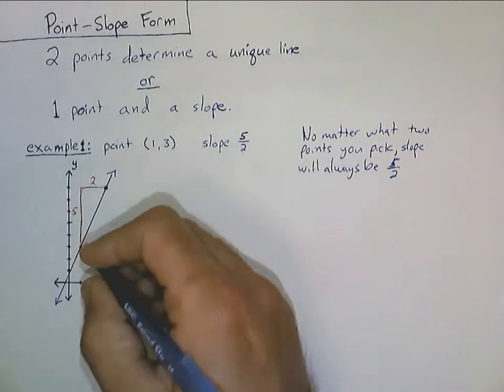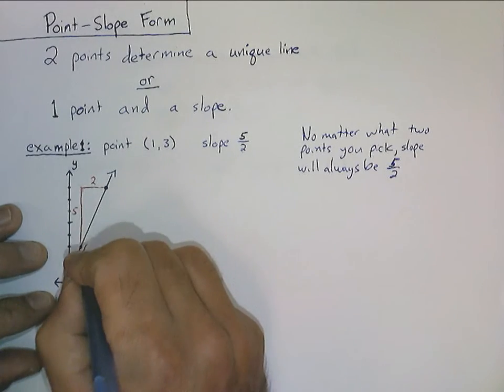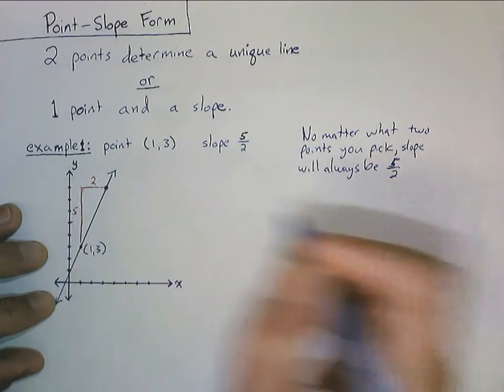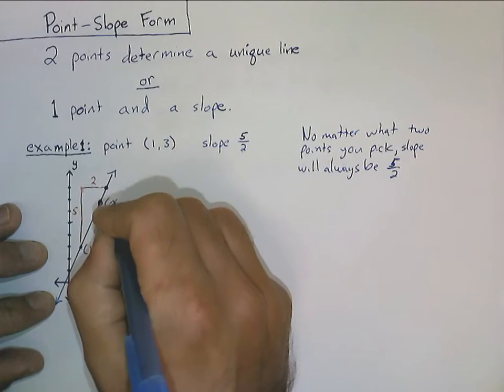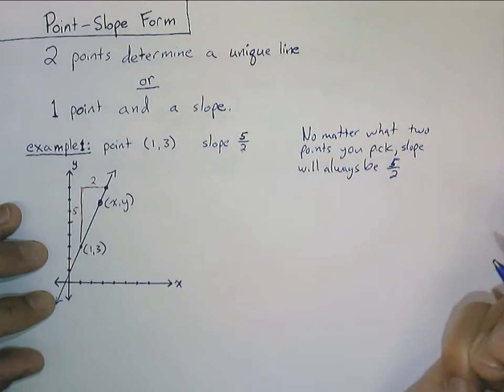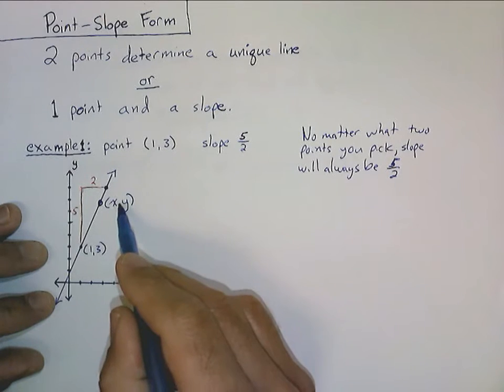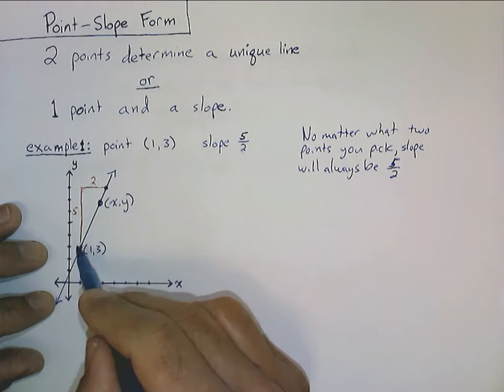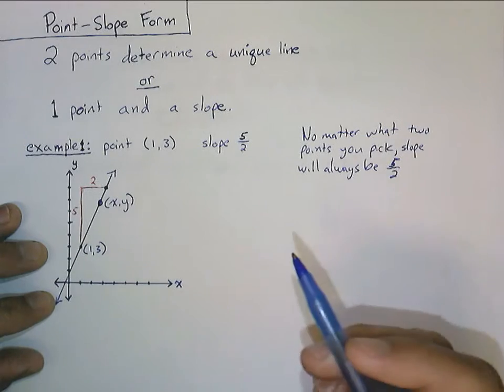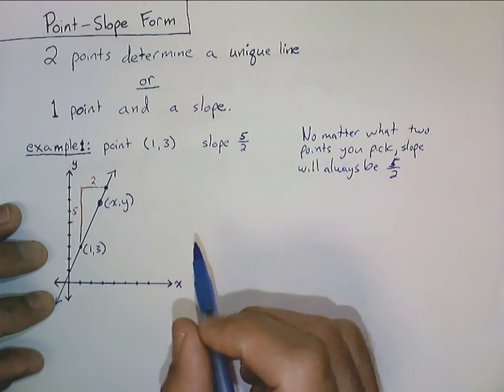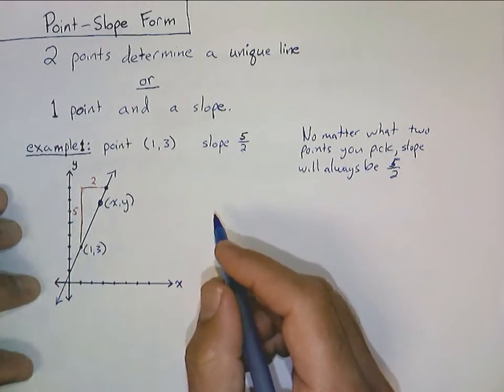So, here's the point (1, 3). And let's just say, let's pick any point out here, but we'll just call it an arbitrary point (x, y). So if this point (x, y) is on the line, then when we calculate the slope between this point and (1, 3), we'll get 5 halves. And we know how to calculate the slope.